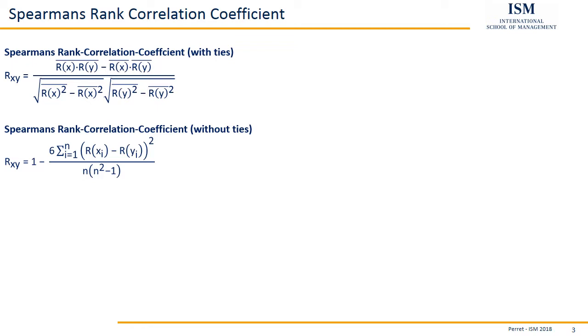We can only give one final remark. As I said, we can use this for ordinal data. This has one downside. Whereas Pearson's correlation coefficient calculates, or tests for, a linear relation, Spearman tests for a monotonous relation.